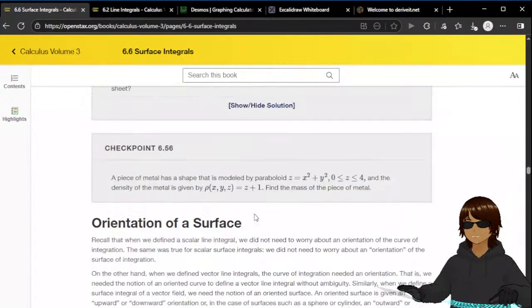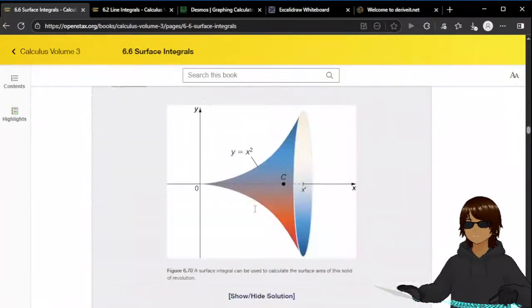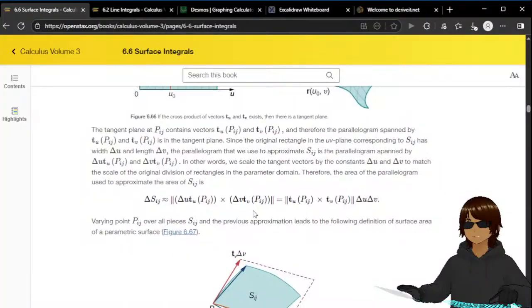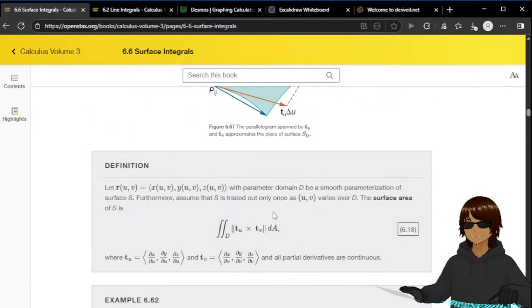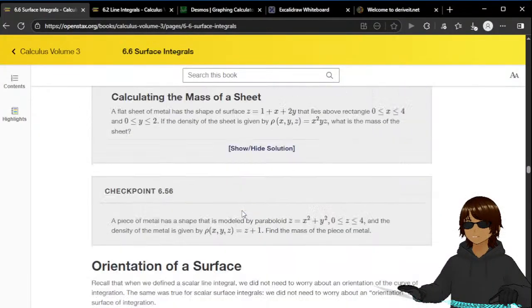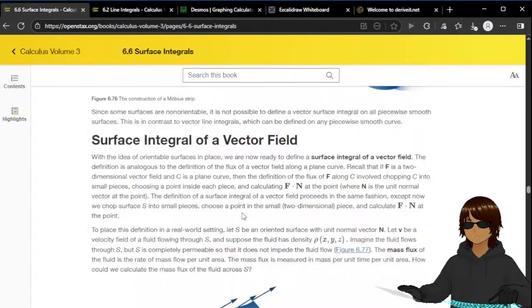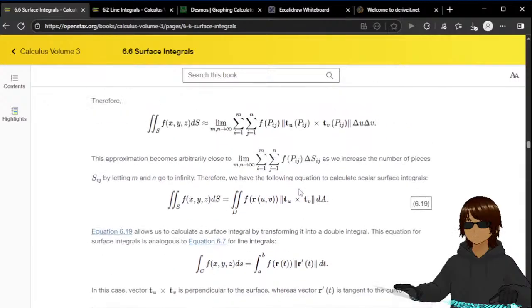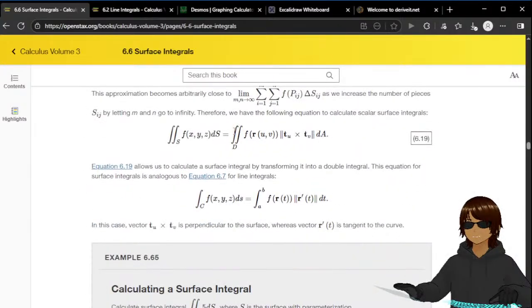Okay, let's just skip that. Let's just assume that the equation is this, and then with all that, we end up with this.